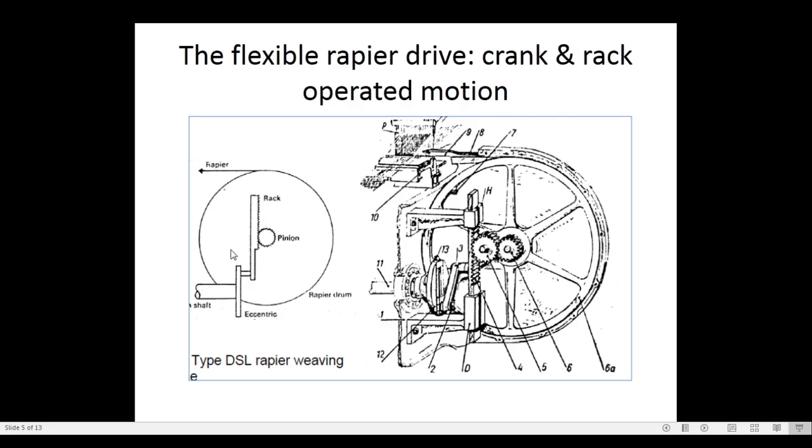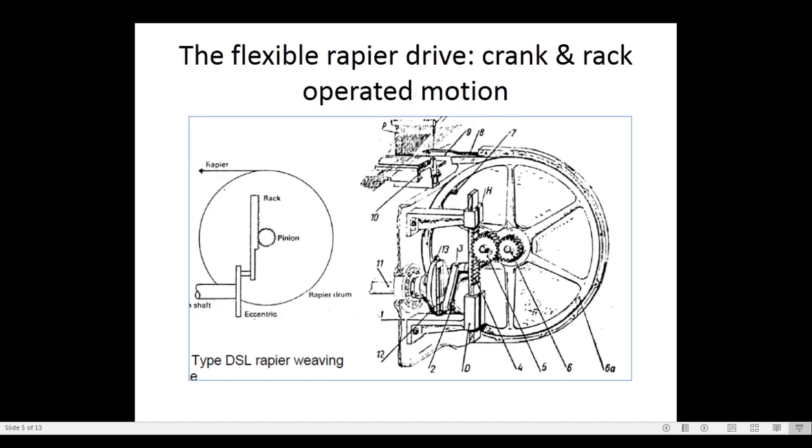See here, when this rotates, the rack will move one time upward and one time downward. When this rack is moving upward and downward, the pinion shown here moves one time clockwise and one time anti-clockwise.